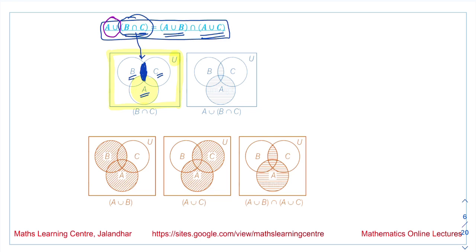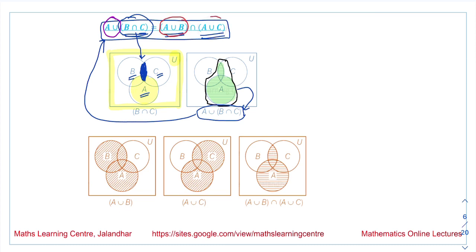The final answer, by taking the union of both these regions, is this portion, and this is representing A union B intersection C. So this is our left hand side.